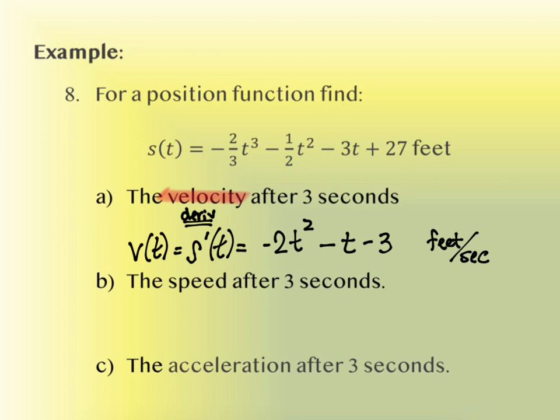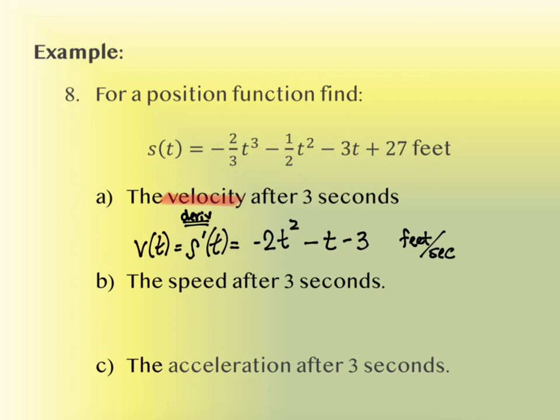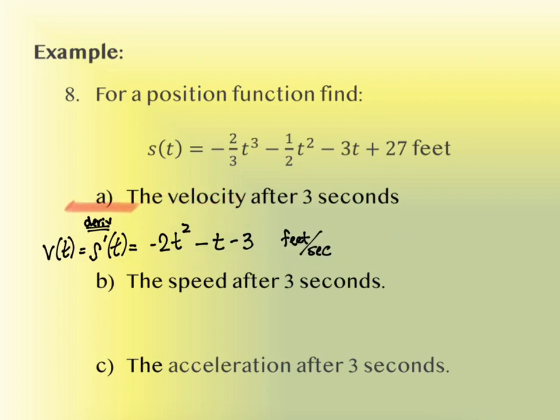If I'm asked to find the velocity after 3 seconds, what am I really being asked to do with this now? Yeah, put in 3 for t. So I want to evaluate this at 3.